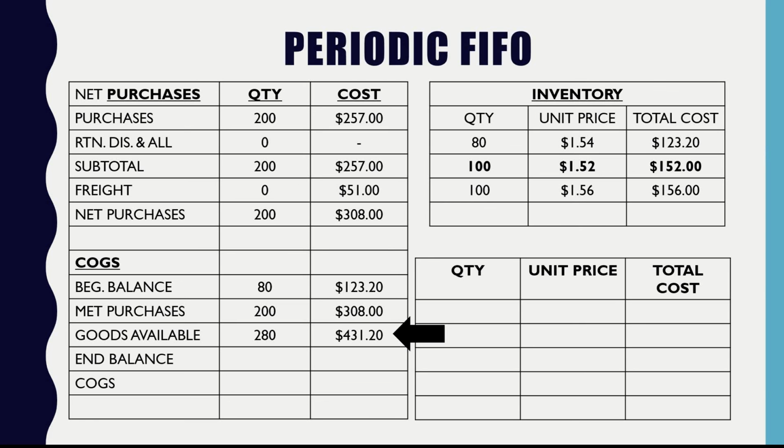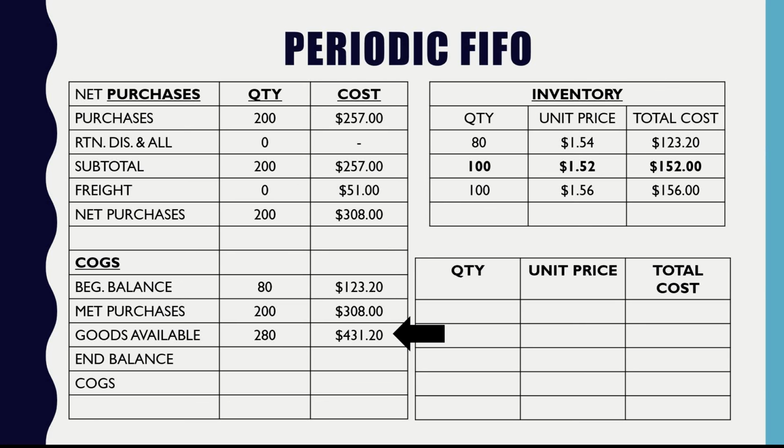So once you get your net purchases, then you'll get to this table here where you calculate your total goods available. This is all the inventory that I have available to sell.